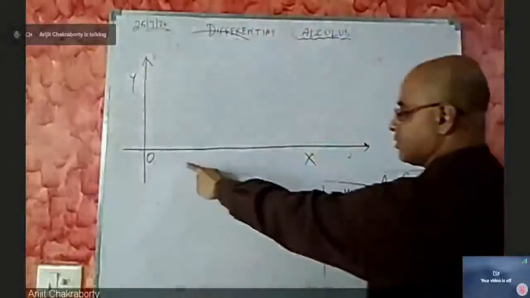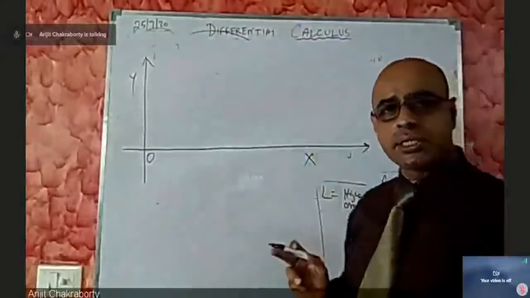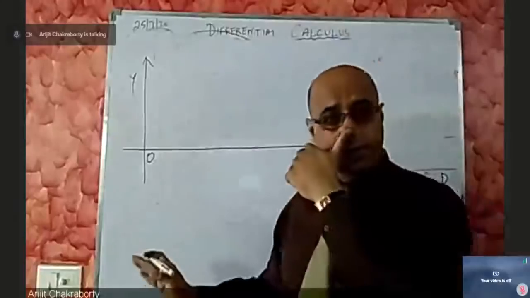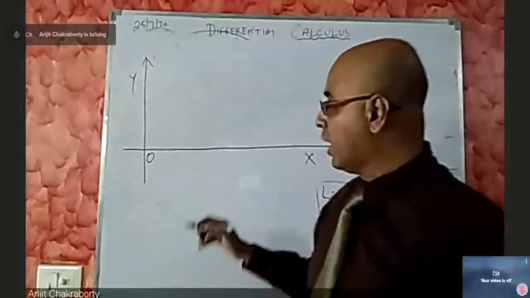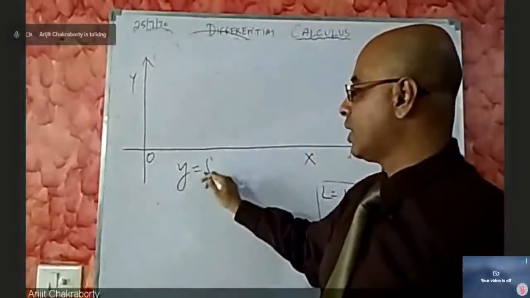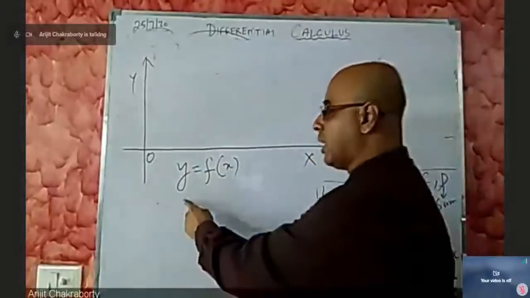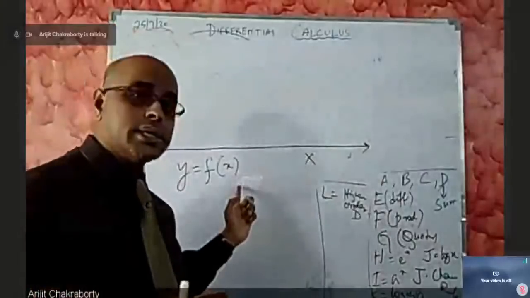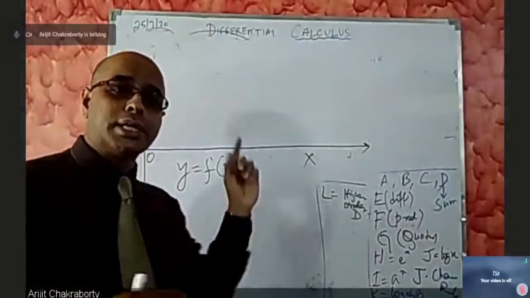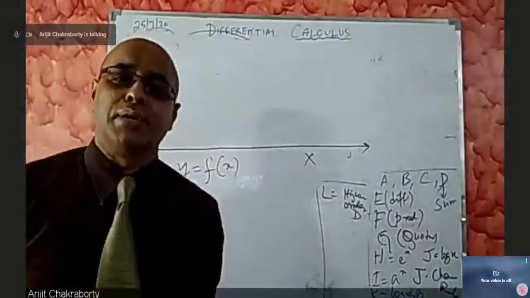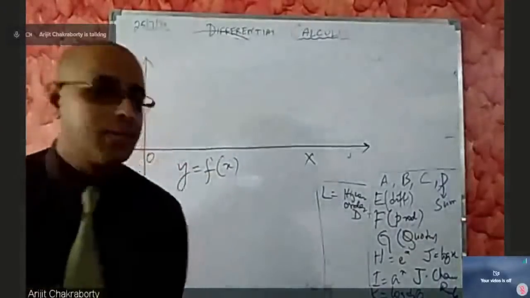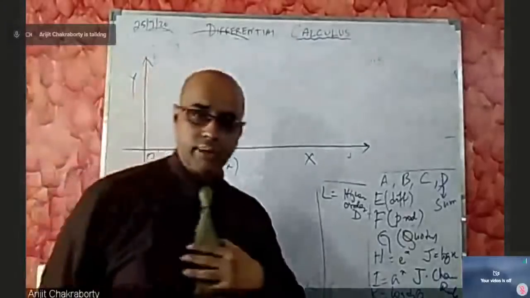The horizontal axis represents the different values of x, and the vertical axis represents the value of y, and y is equal to f of x. That is, y is a function of x, dear students, and x is what? Is it the dependent or the independent variable? So it is the independent variable, and therefore y is the dependent variable.